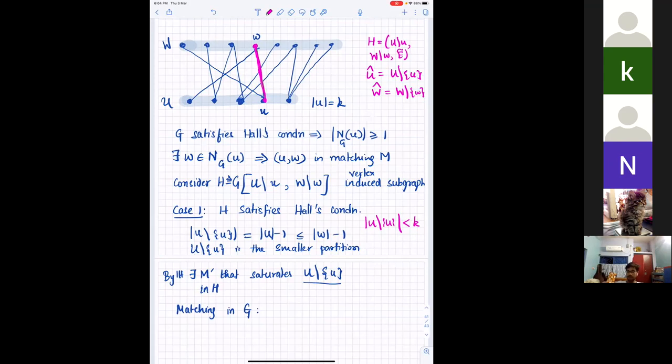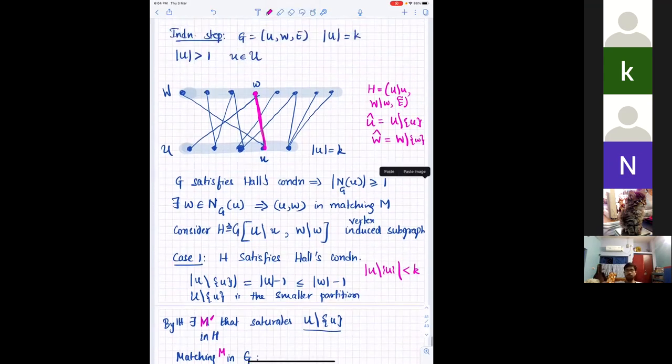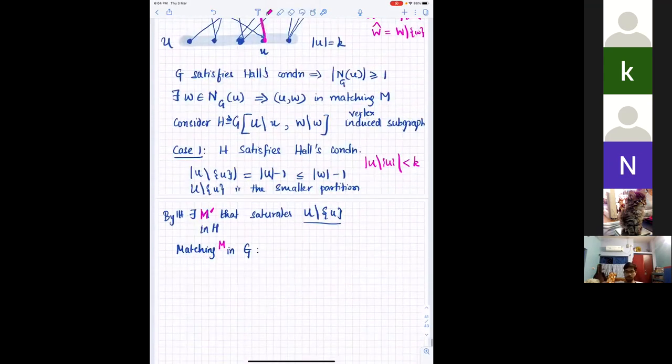So by induction, you know that there is a matching M prime, let's call this, in H, that saturates this set. Now I want you to construct a matching M in G. Can someone give me what that matching is? This matching is M prime union uw.